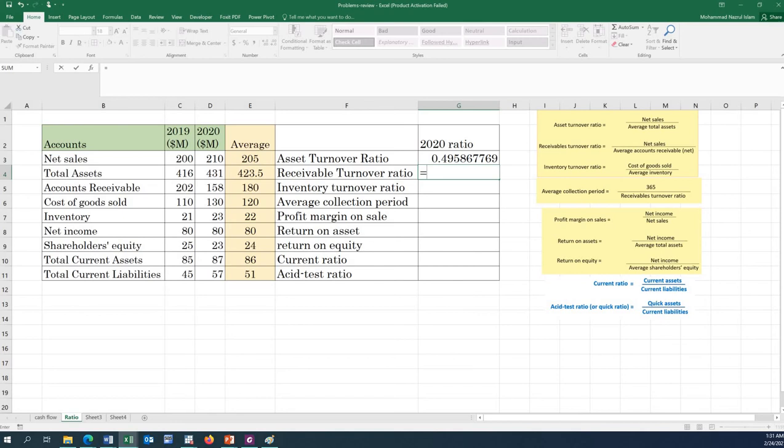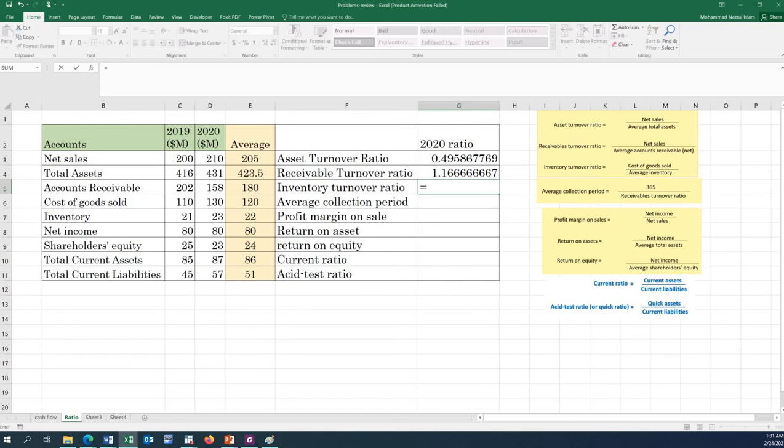Then the receivable turnover ratio means net sales over average accounts receivable. So it should be equal to net sales again for 2020 divided by the average accounts receivable. The average accounts receivable is this one. So 1.16 is the receivable turnover ratio.